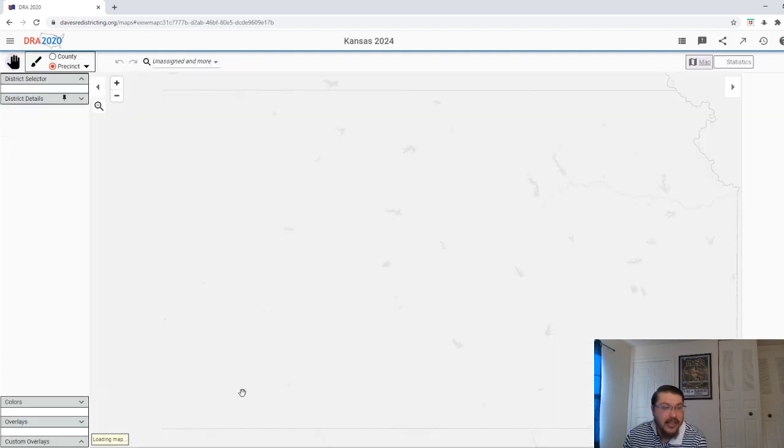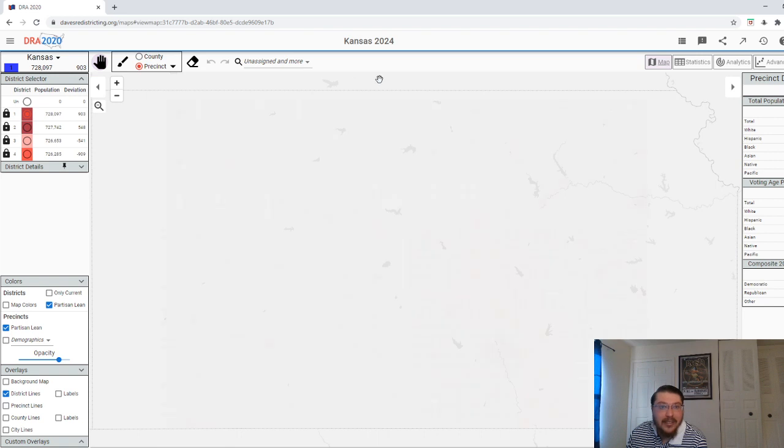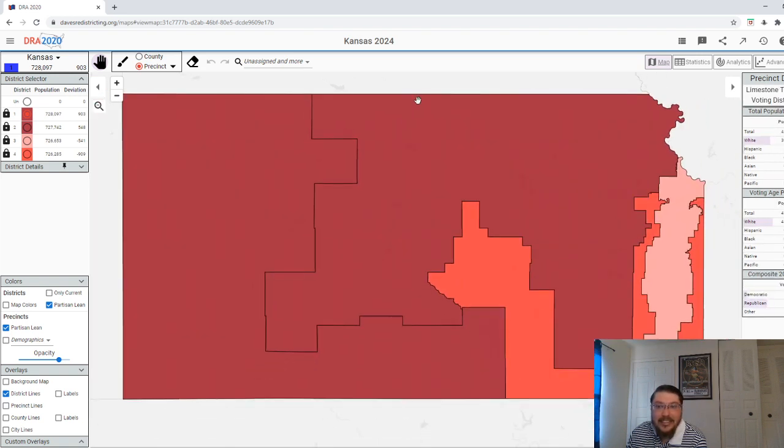We go down to Kansas, where I kind of made things look a big mess. This is a very big mess, a big league mess. There we go. As you can see, I have a district that is basically giving the middle finger right here, unless you want to count this as a middle finger.